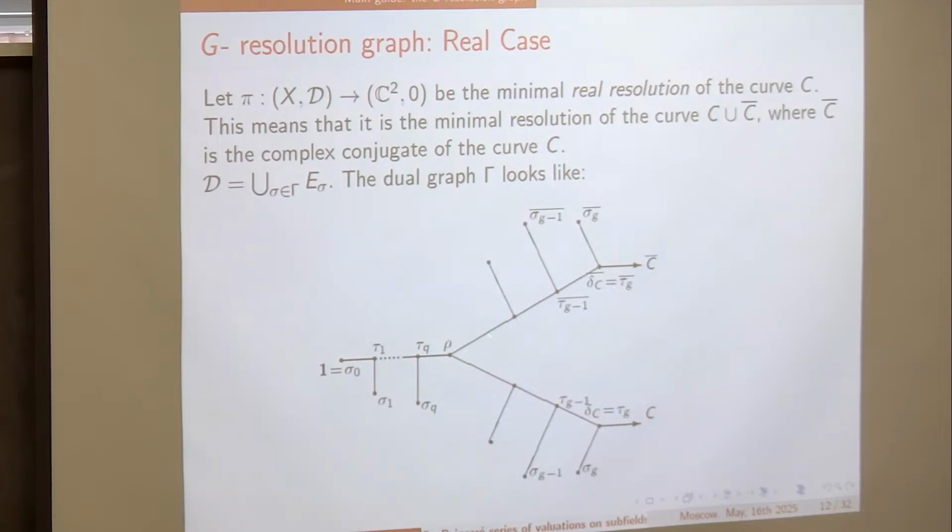So you have here some symmetry given by the complex conjugation between the behavior of C and the behavior of the complex conjugation of C. From this point of view, the group, in this case the trivial group given by the complex conjugation, acts here, and the quotient is more or less the same thing as the resolution of this.